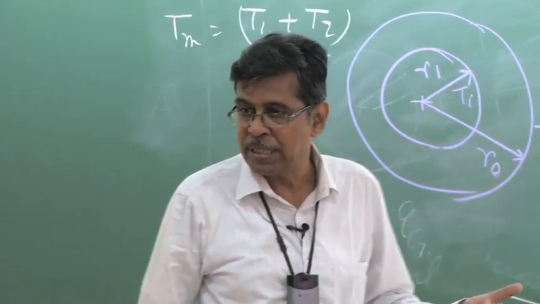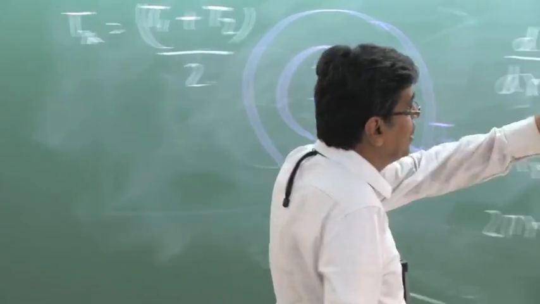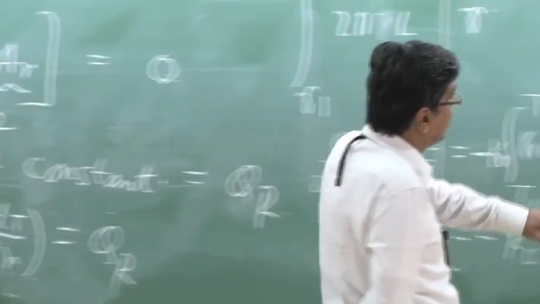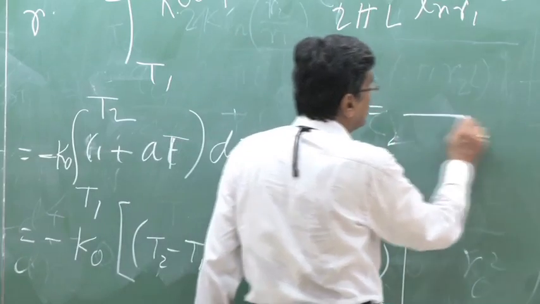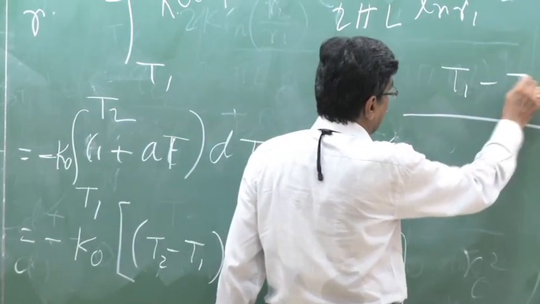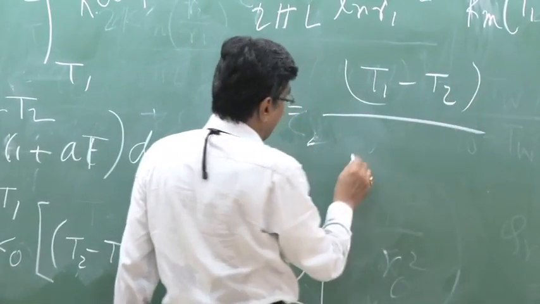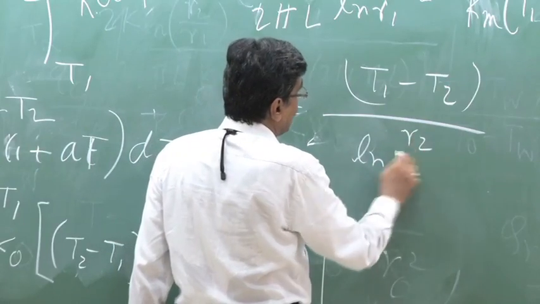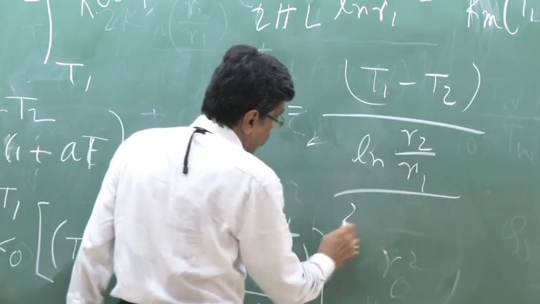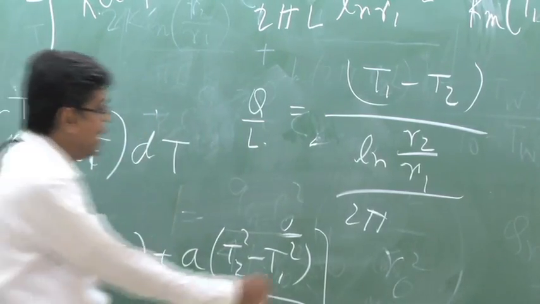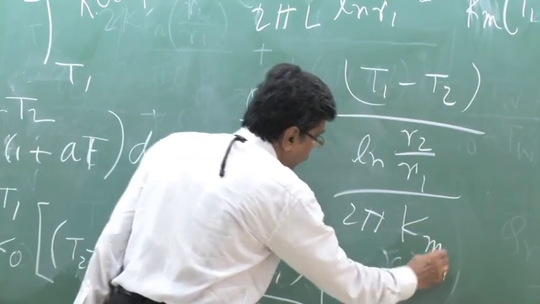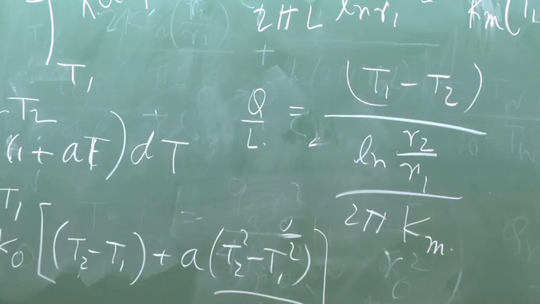That means Q is the same expression, the potential difference divided by ln(r2/r1) over 2 pi Km L, as if it is a constant thermal conductivity, but at the mean temperature.